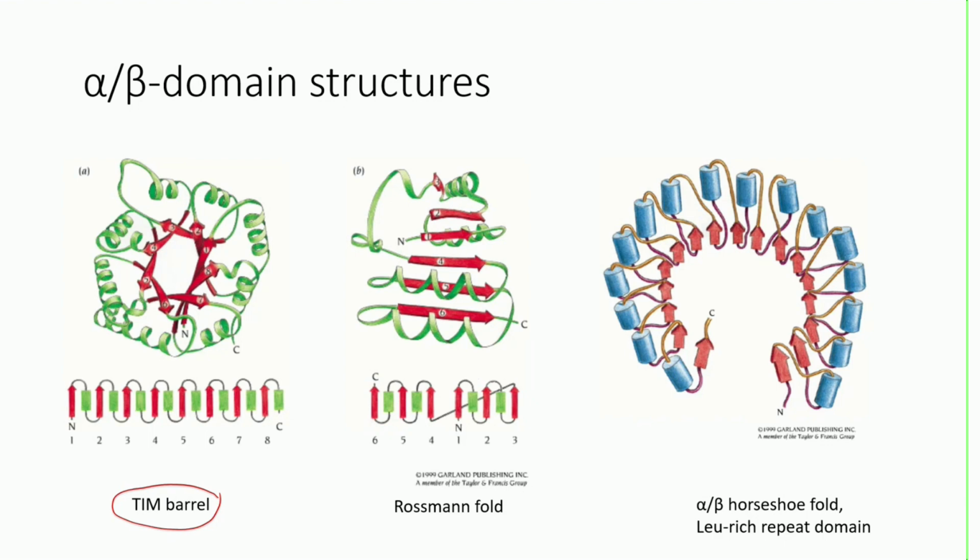And it can create different types, for example, the Rossmann fold or alpha beta horseshoe fold. So it depends on the overall form or organization of the protein.